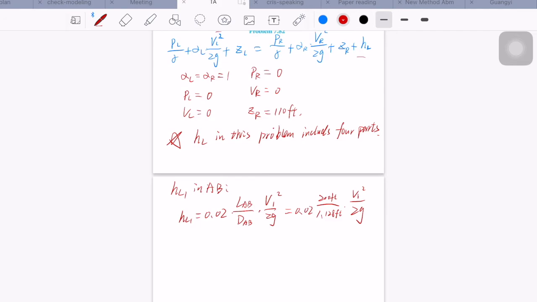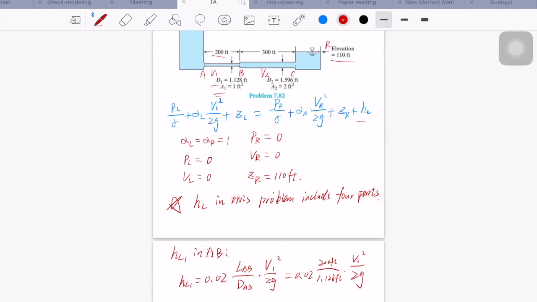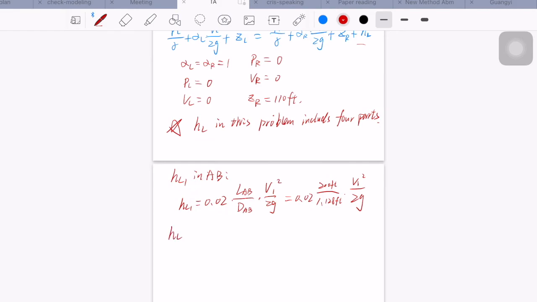And the second head loss is in the pipe BC. So HL2, the head loss in the pipe BC, is equal to 0.02 times L, the length of BC, over DBC times V2 square over 2g.